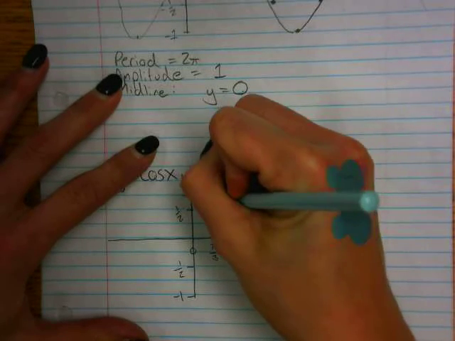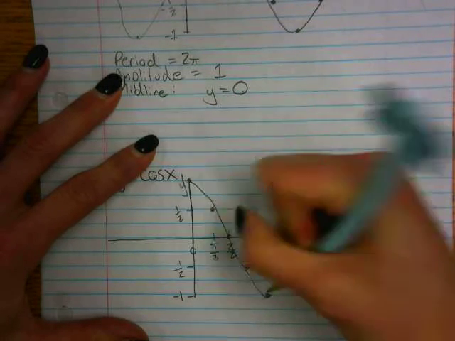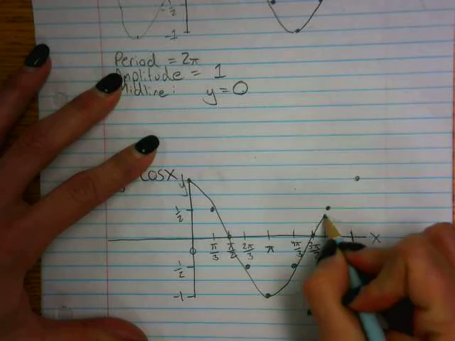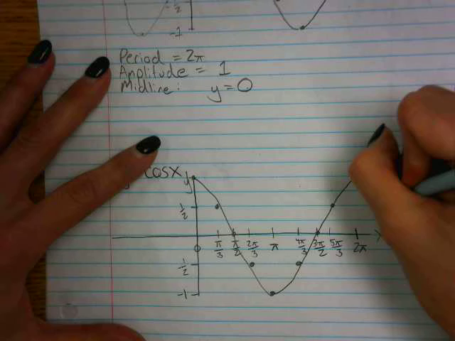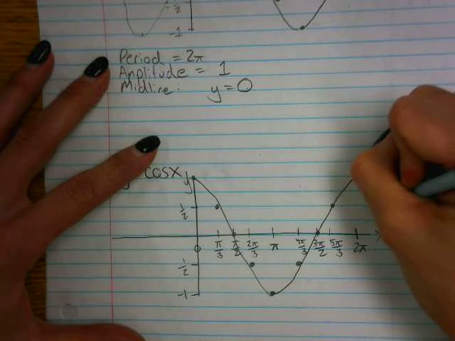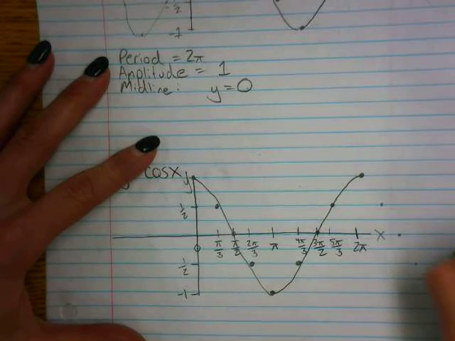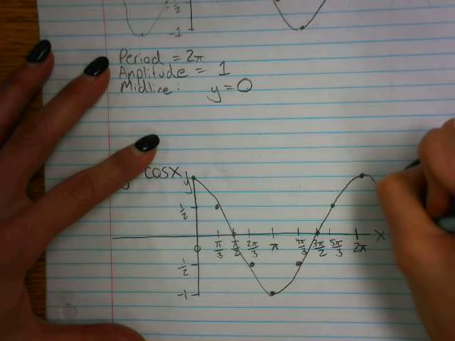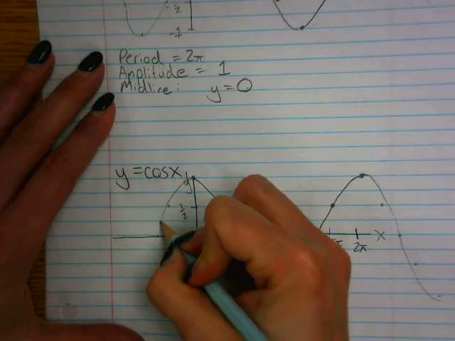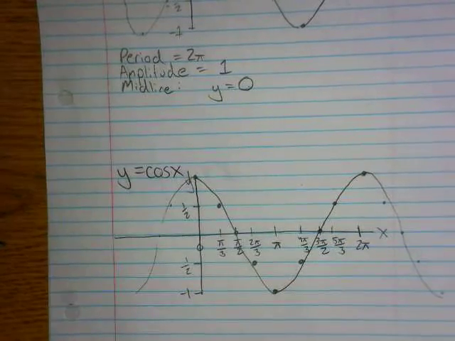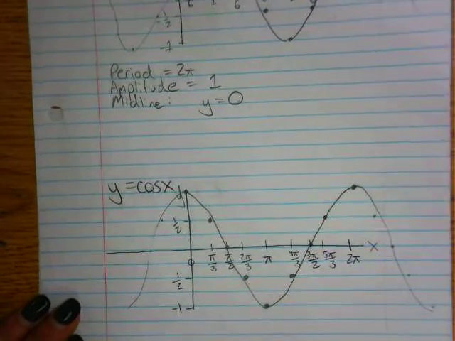So we end up with a wave that looks like this. Okay, and again past 2 pi our angles would just start to repeat this same pattern, and this way as well. So we would end up with a wave that looks something like this for cosine.